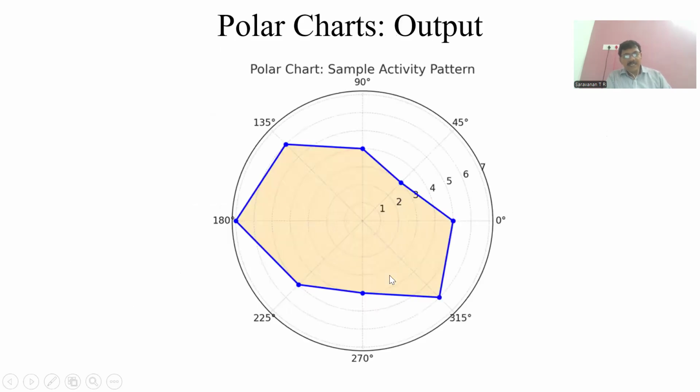Now here we can see this is the sample activity. Based upon the angles we have specified, the representation is provided, covering the full 360 degrees, so we can measure any angle. This is called a polar chart representation.